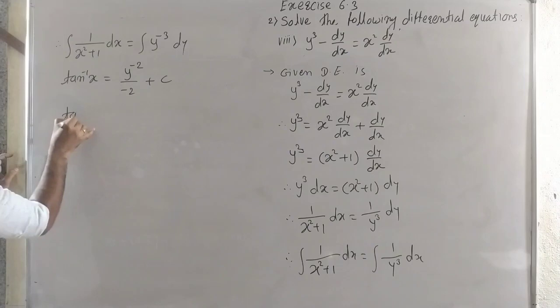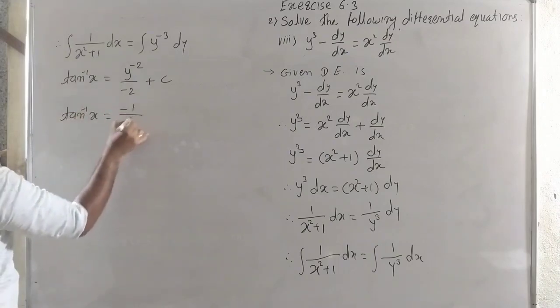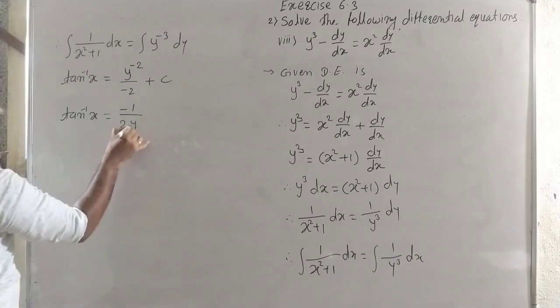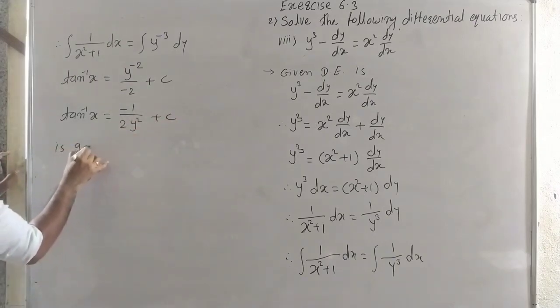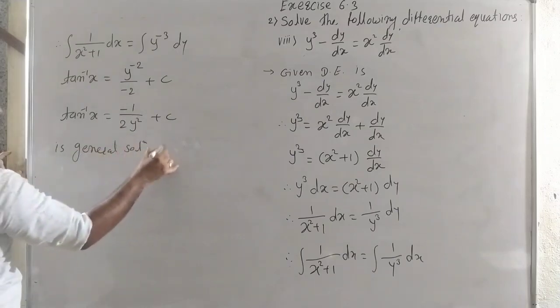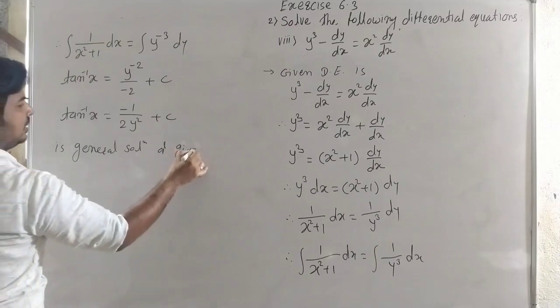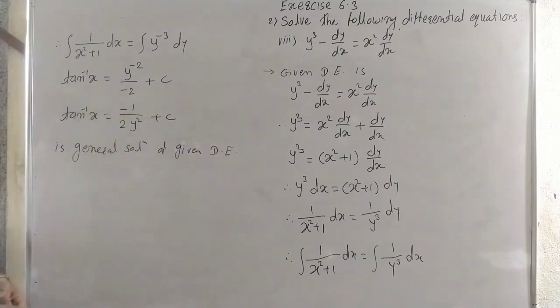Then tan inverse x is equal to minus 1 upon 2 into y square plus c, which is the general solution of the given differential equation. Here is the general solution. See carefully this: tan inverse x is equal to minus 1 upon 2y square plus c.